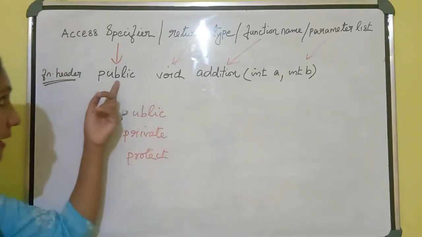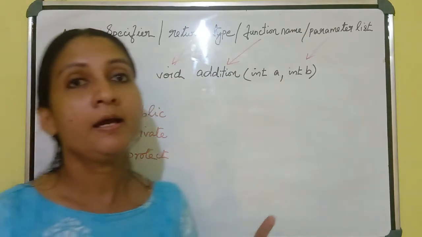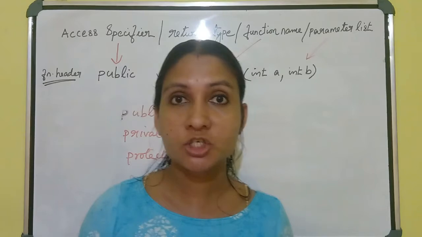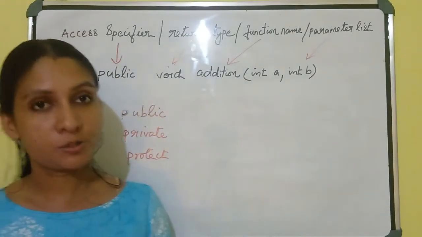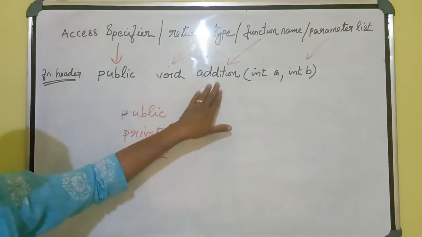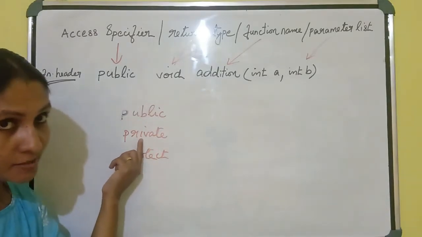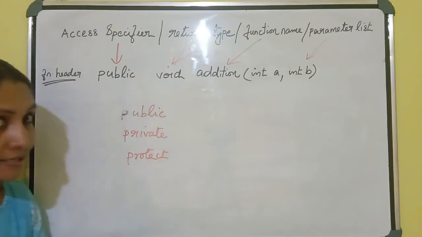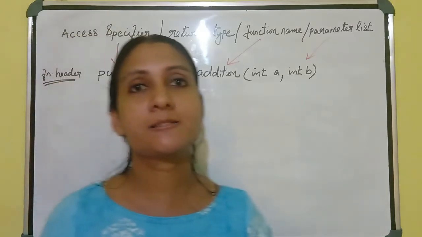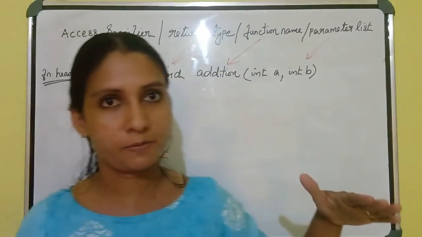If you declare this function as public, we can access this function outside the class also. Members outside the class can also access this function. If you declare it as private, this function can be accessed only by the class members, not outside the class.